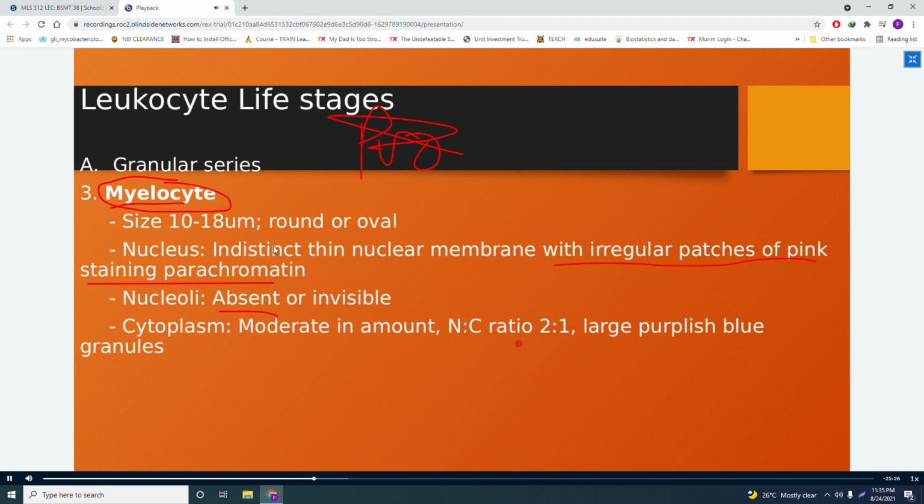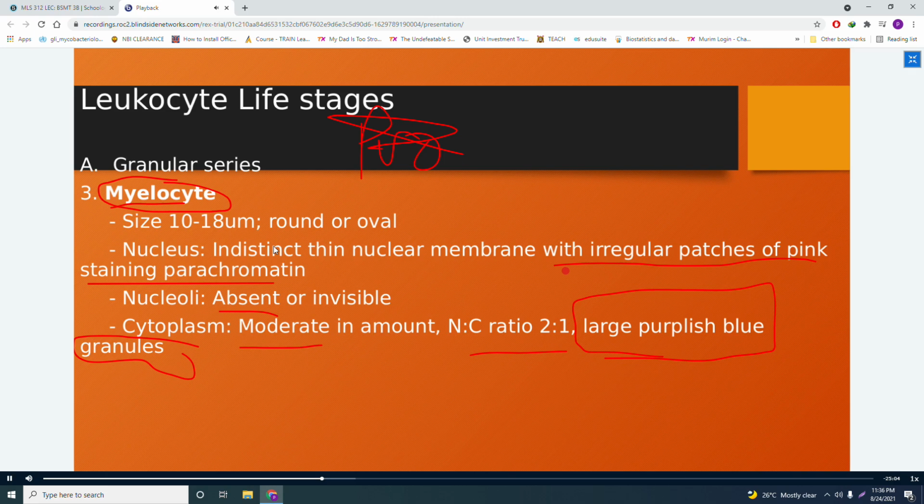Then sa cytoplasm, your cytoplasm is starting to become moderate in amount. The nucleus to cytoplasm ratio is 2:1, and there is the presence of large purplish blue granules. Again, class, the things to take note of your myelocyte.